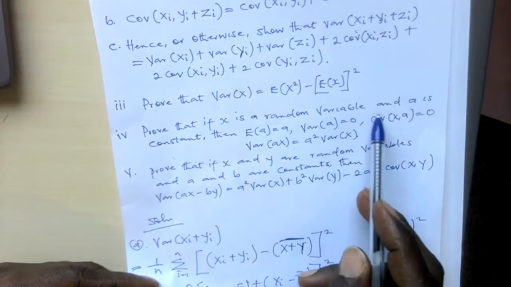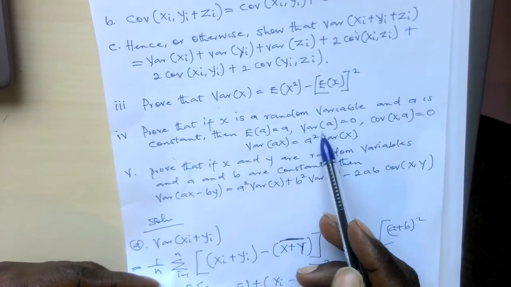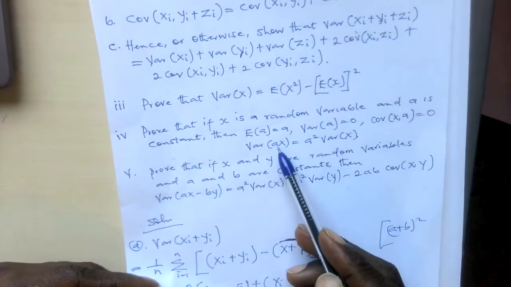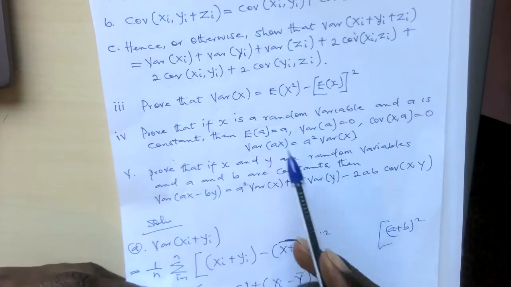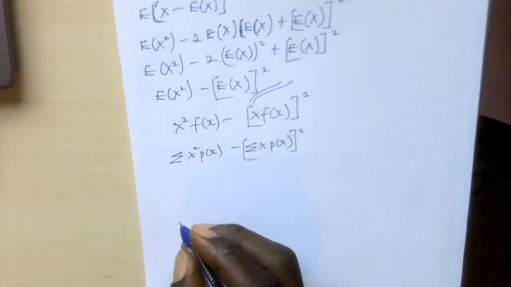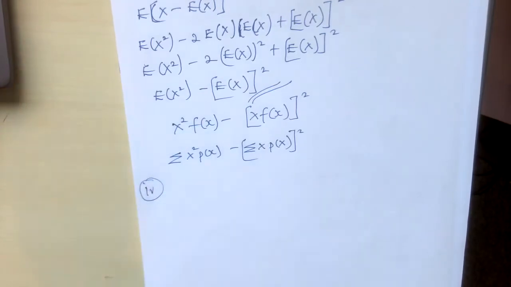We are to prove that if x is a random variable and a is a constant, the expected value of a is a, the variance of a is 0, and the covariance of x and a is 0. I think we've done this in the first question, but let's do it again.